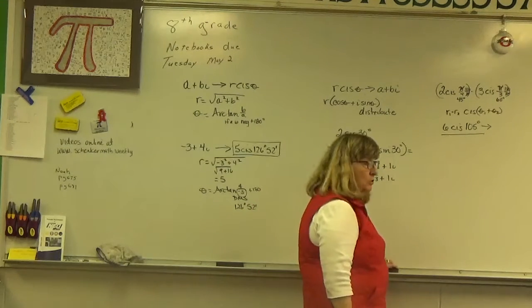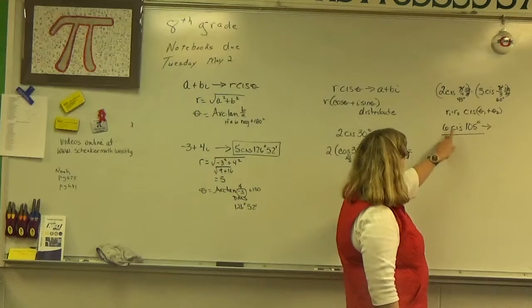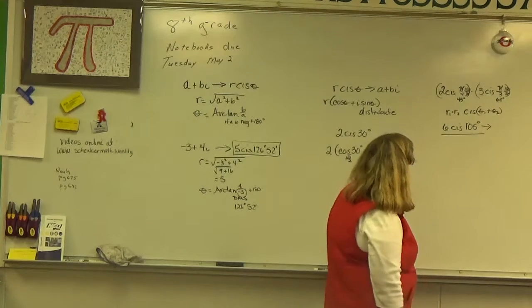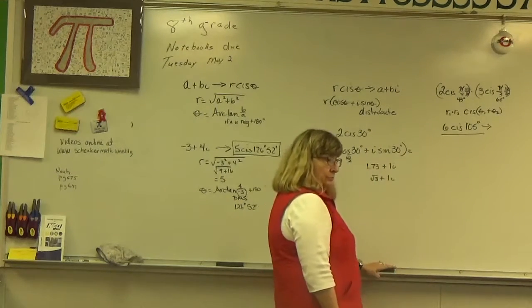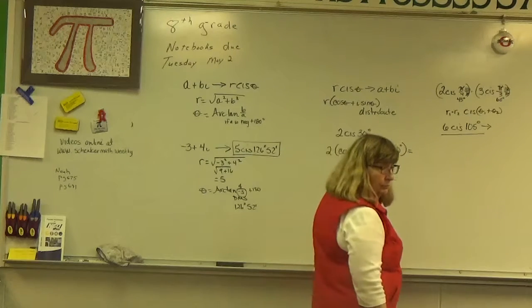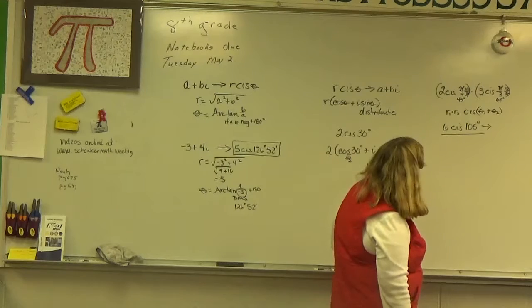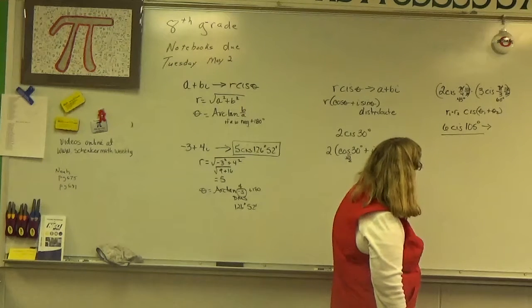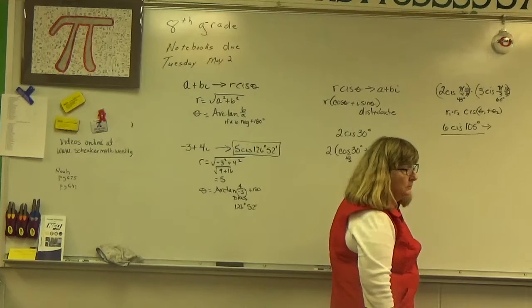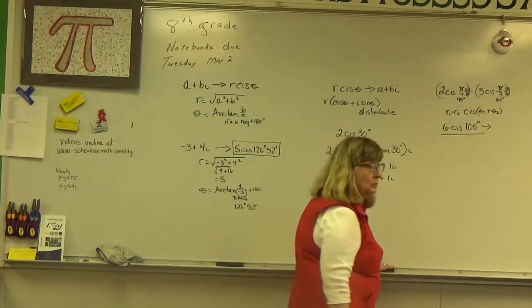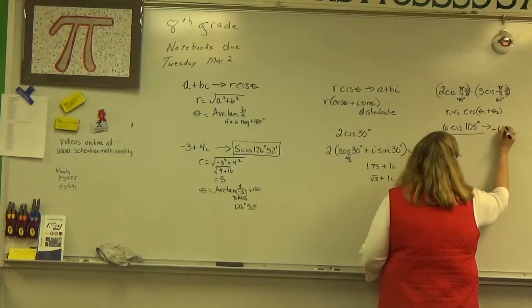Distribute. So somebody tell me what you get on your calculator. What's 6 times the cosine of 105? It's 105, not 150. 45 plus 60 is 105, isn't it? Yeah. Negative 1.56.